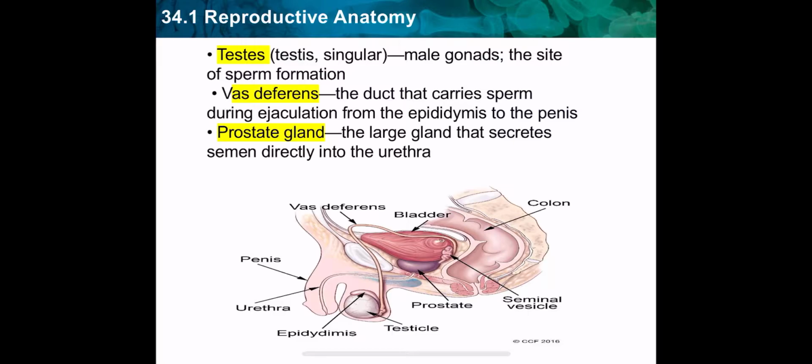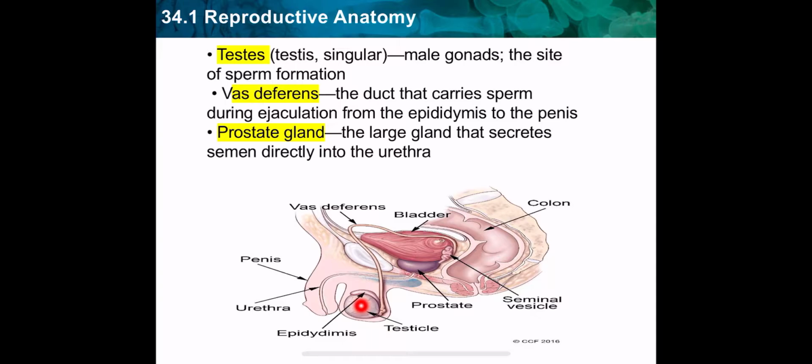Let's talk about the different organs and parts of the male reproductive system. Number one, testicles or testes. 2 testicles. This one is the left one, and there is also another one on the other side, the right one. Those are the male gonads, the site of sperm formation. What's the function of the testes?